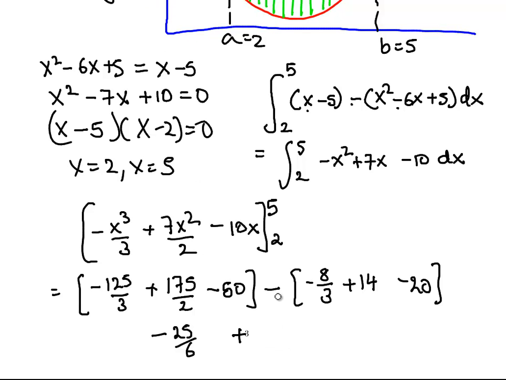This is simple enough stuff. So plus 52 over 6, that's 26 over 3. So that works out to be 27 over 6, and that is equal to 4.5 square units.